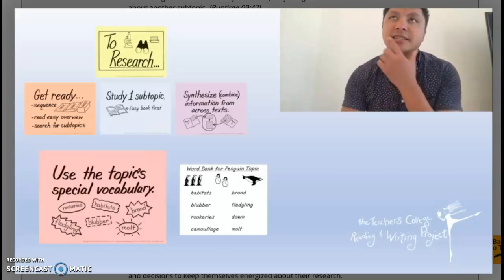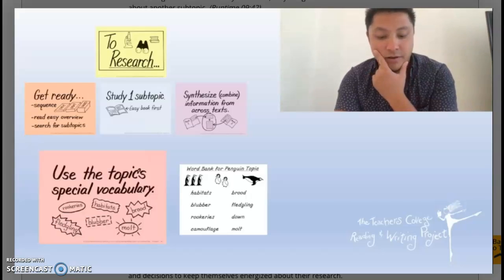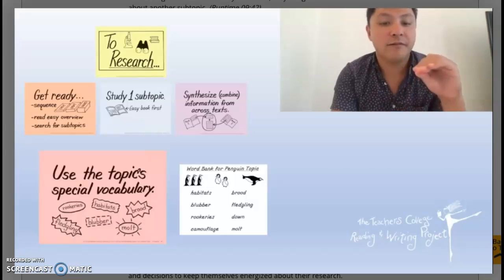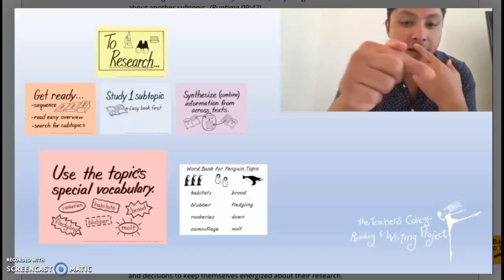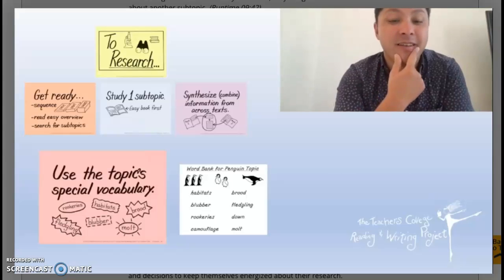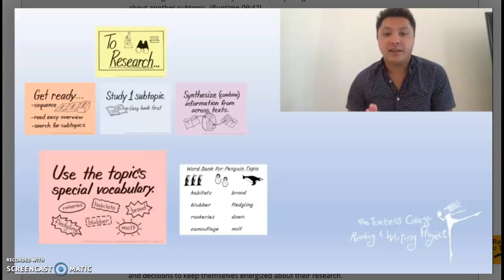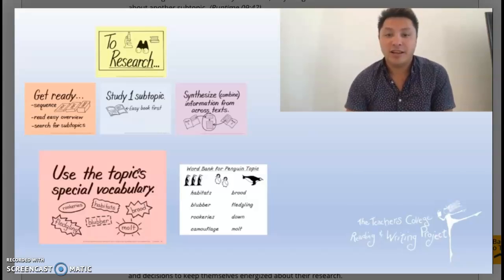And I could try to say something like, all penguins stay warm, not just because of their feathers, but also because they have a layer of fat, and that fat is called the blubber. Researchers, do you see how I did that? I'm really thinking, what is the vocabulary that goes alongside my topic? And then I'm trying to use that as I go to talk about it.